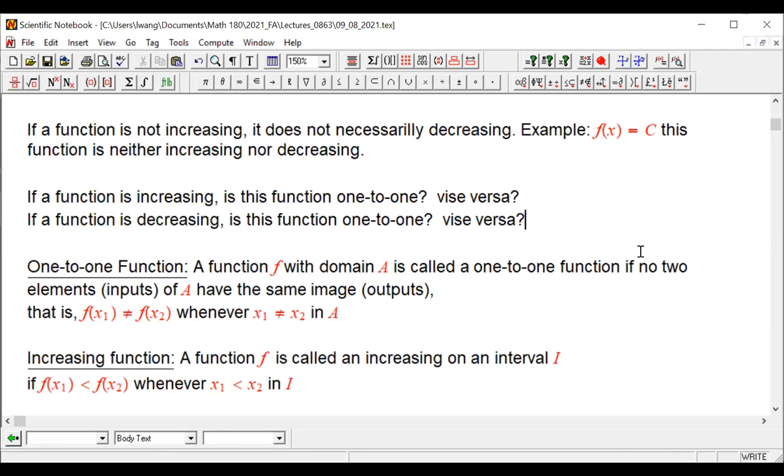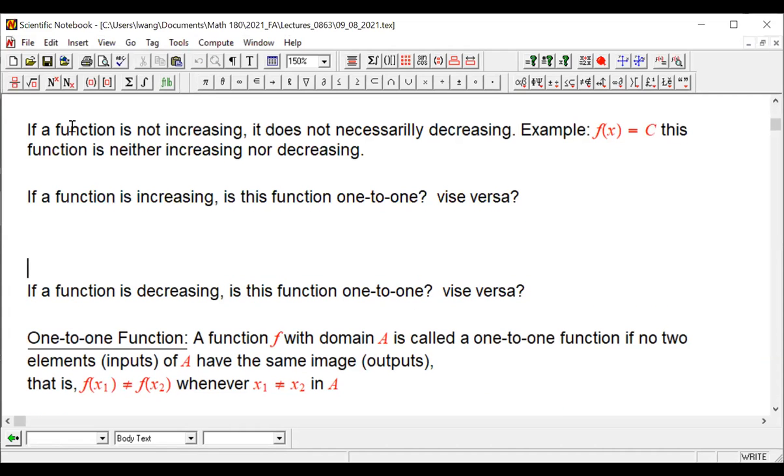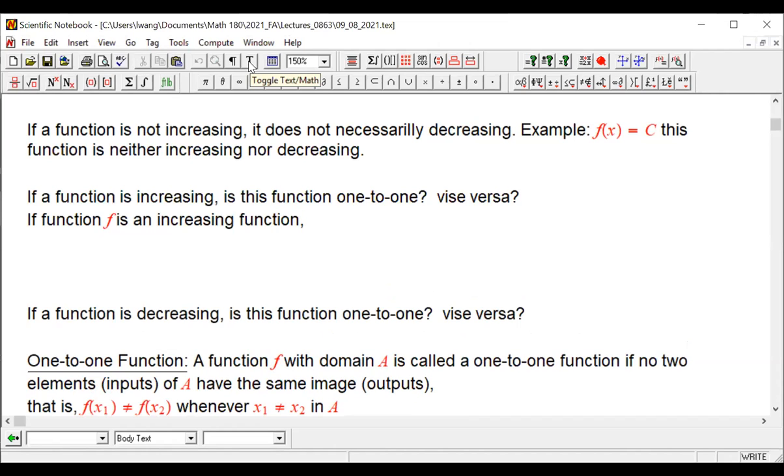Okay, so now, if function f is an increasing function, what does it mean?